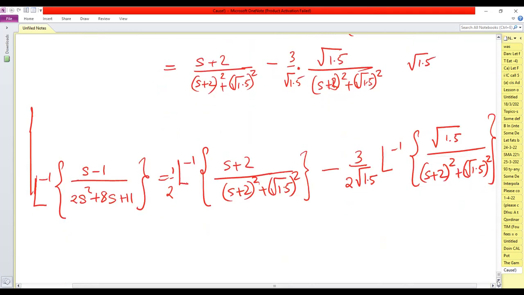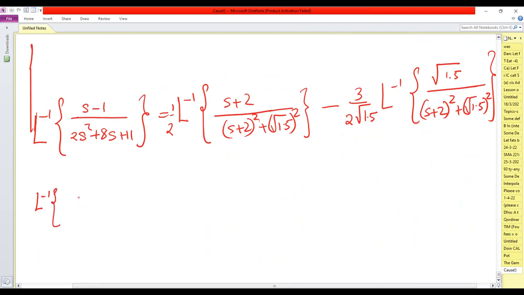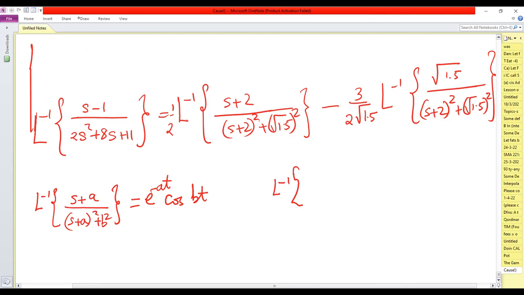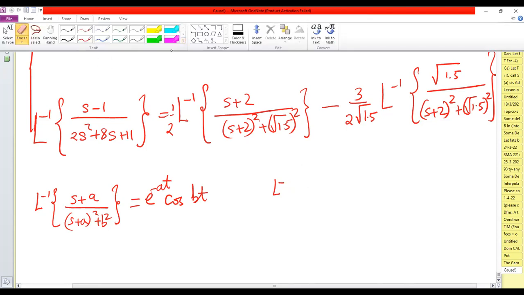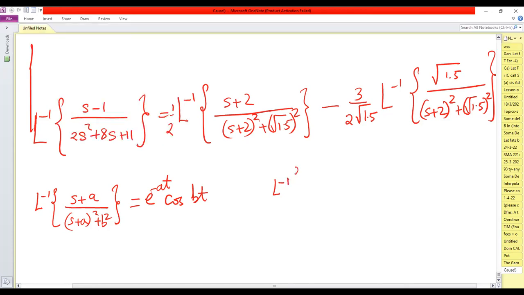Now remember that the inverse transform of (s plus a) over ((s plus a) squared plus b squared) is given by e raised to the power negative at, cosine of bt, and the inverse transform of b over ((s plus a) squared plus b squared) is given by e raised to the power minus at, sine of bt.